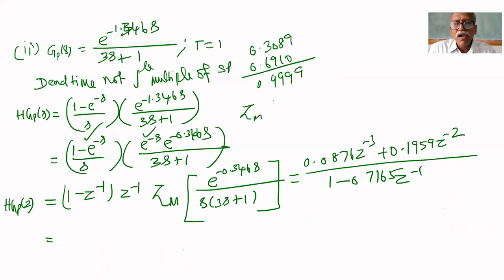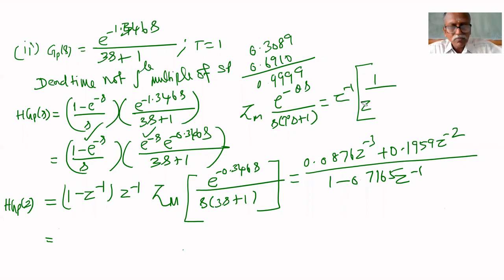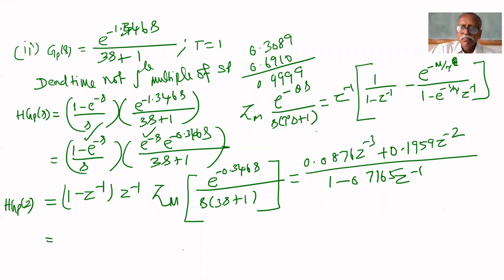The modified Z transform of e power minus theta S upon S multiplied by tau S plus 1 equals Z power minus 1 times [1 by 1 minus Z power minus 1, minus e power minus m by tau divided by 1 minus e power minus 1 by tau, times e power minus m by theta Z power minus 1], where m equal to 1 minus theta by tau.